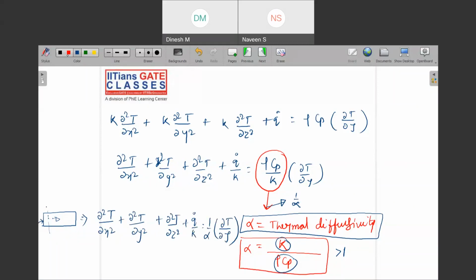Can you see? Yes. So this is the generalized heat conduction equation.